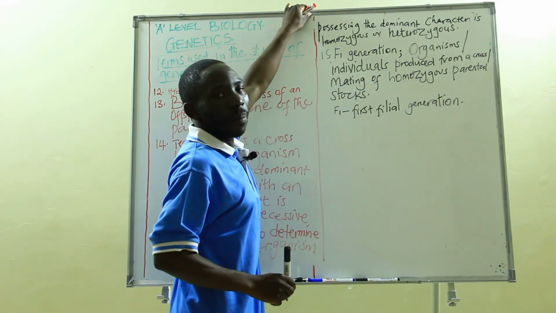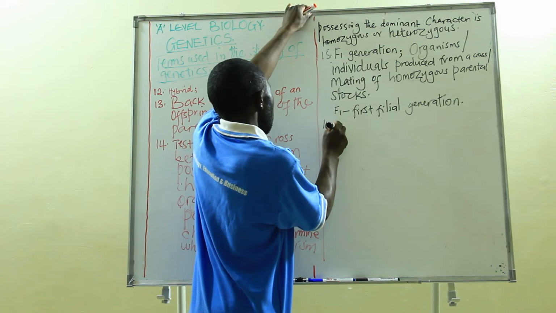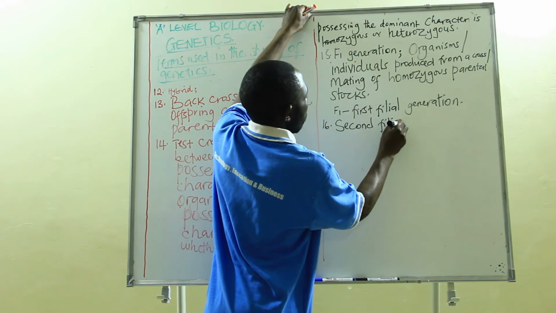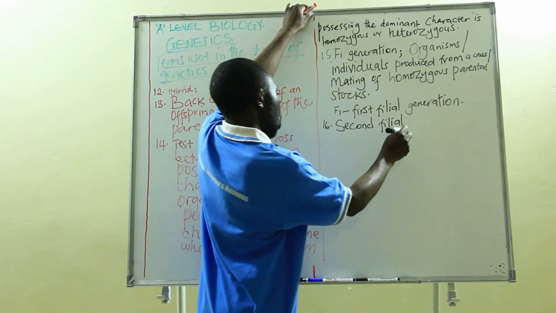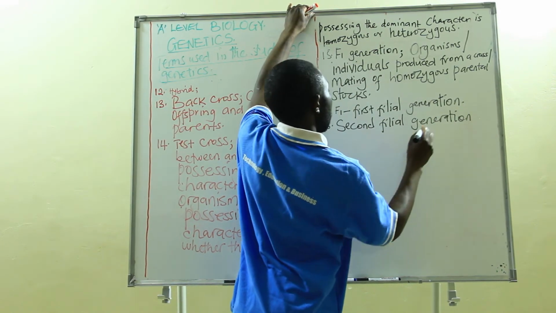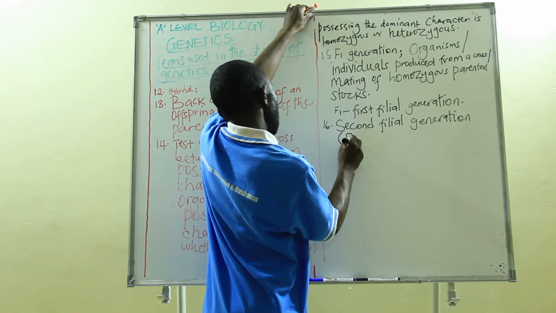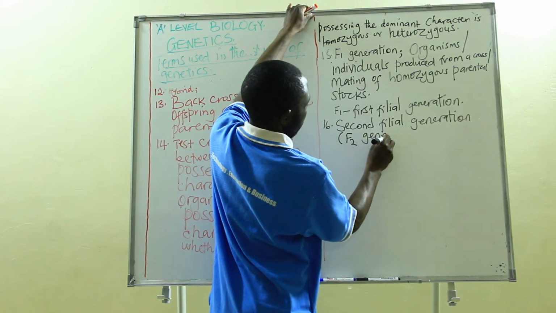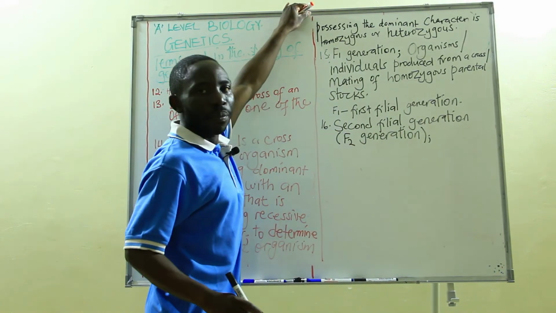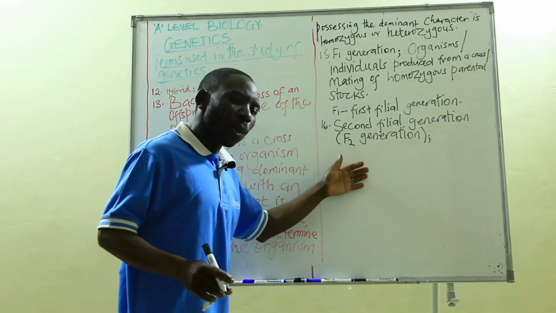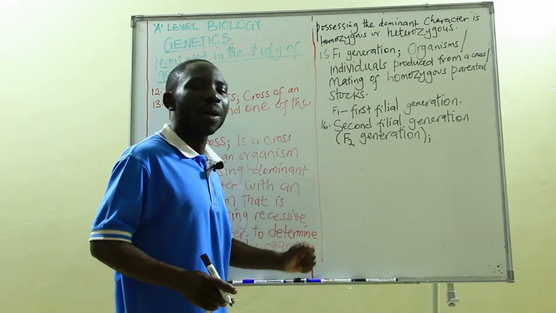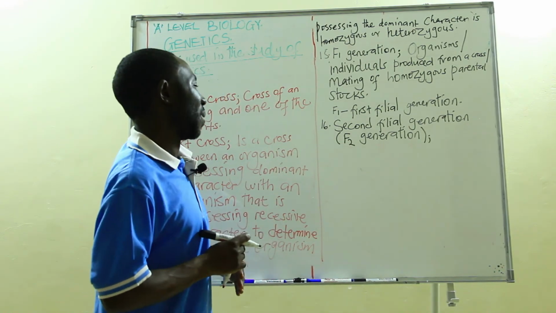That is F1. Then F2 or second filial generation, also known as the F2 generation. These are individuals obtained when we cross two individuals of the F1 generation.